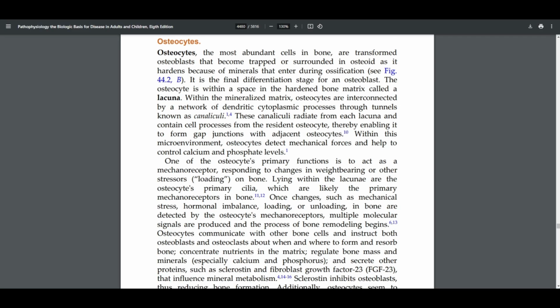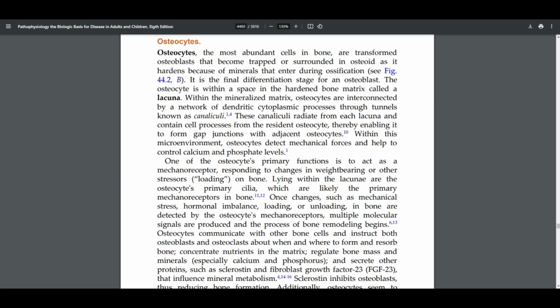Now, strictly speaking, osteocytes. Osteocytes, the most abundant cell in the bone, are transformed osteoblasts that become trapped or surrounded in osteoid as it hardens because of minerals that enter during ossification. It is the final differentiation stage for an osteoblast. The osteocyte is within a space in the hardened bone matrix called a lacuna.